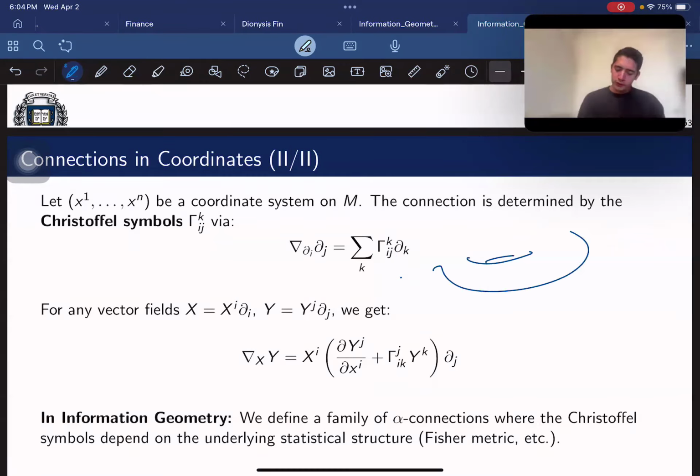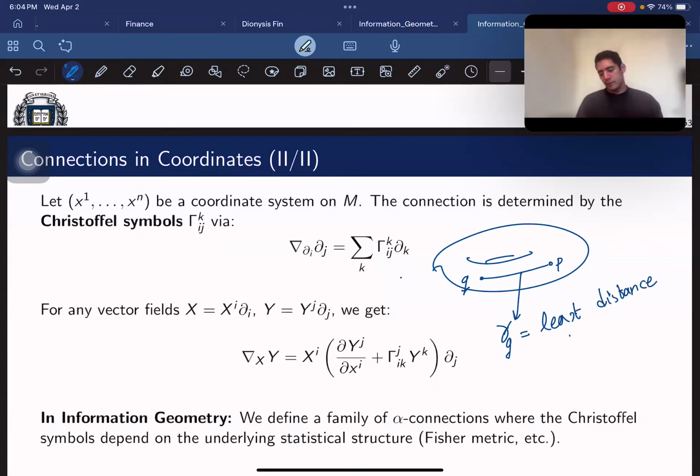So given 2 points, P and Q, the geodesic I will show with this is the curve with the least distance between the 2 points P and Q. And what is distance?